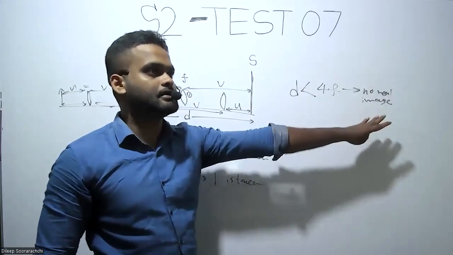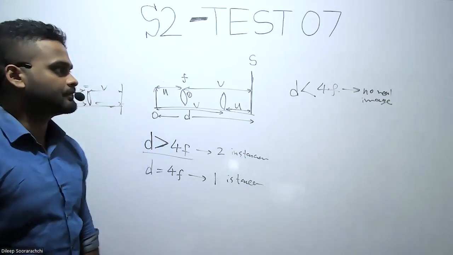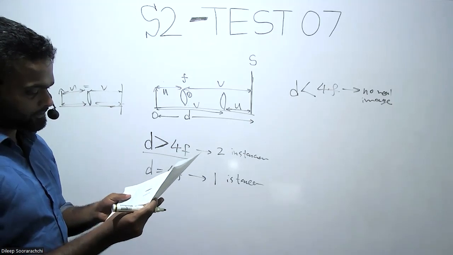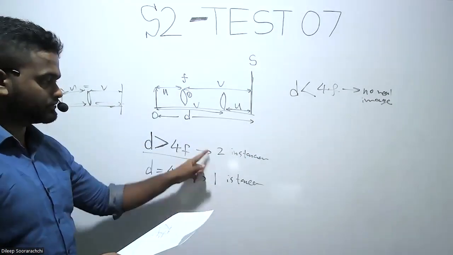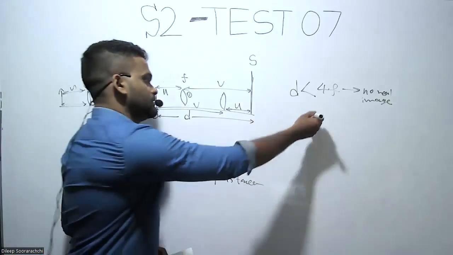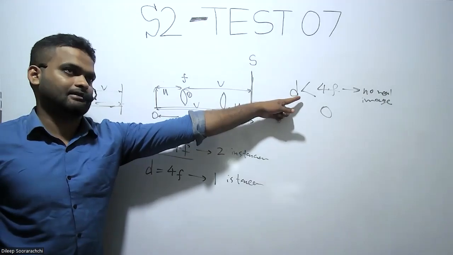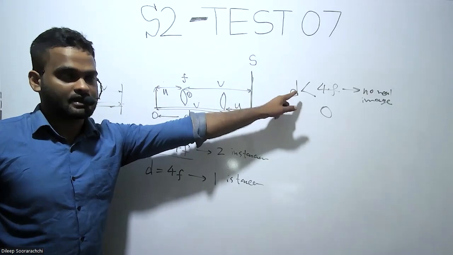Only real images form images on the screen, right? So the answer should be, in this case 2, another case 1, other case 0: 2, 1, 0. Here no images on the screen. Here it can create virtual images, but in this case you cannot create real images.